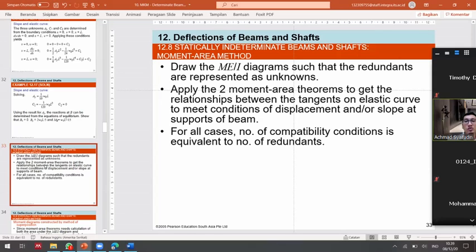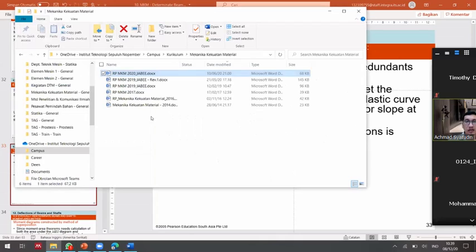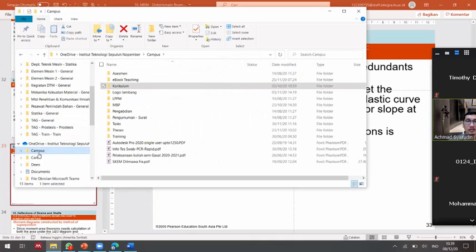But before we proceed to indeterminate problems, we have to understand the difference between static determinate and static indeterminate. I will show you from the statics course, which you already learned last semester.